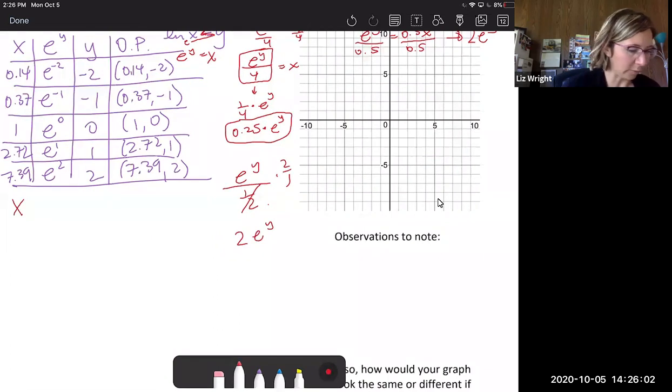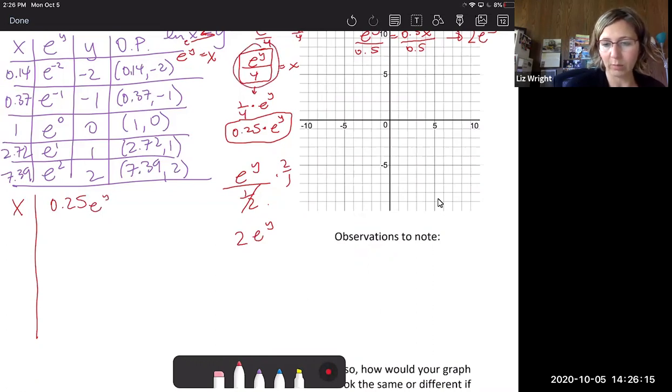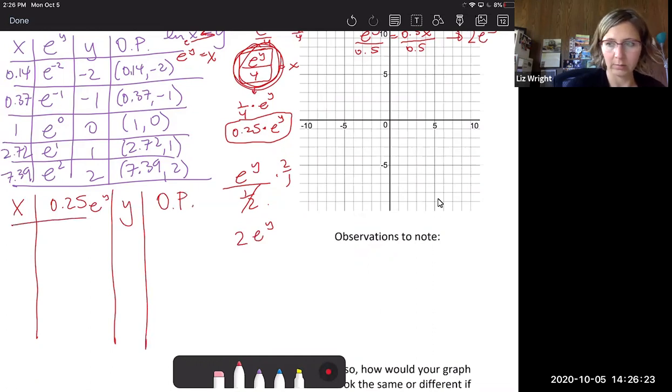All right, next one, I'm going to do x. This is the 0.25 one. So we've got 0.25 e to the y, or you could do e to the y divided by 4, whichever one you want. And then it's going to be my y values and then my ordered pair. So I've got -2, -1, 0, 1 and 2.